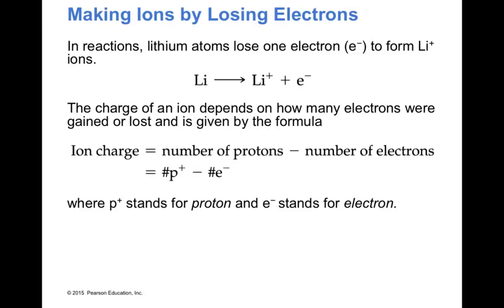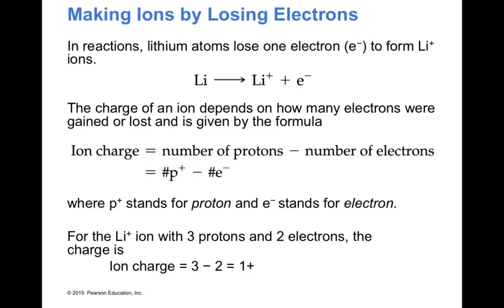Here P+ stands for the proton and E- stands for the electron. For the lithium 1+ ion with 3 protons and 2 electrons, the charge will be 3 minus 2: 3 protons, the atomic number of lithium, minus the 2 electrons that it will have at the end of the reaction. So it will become 1+.